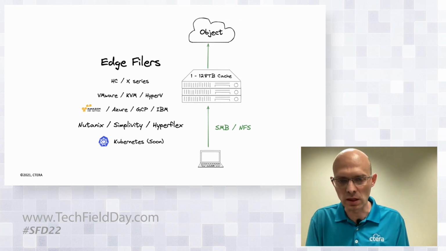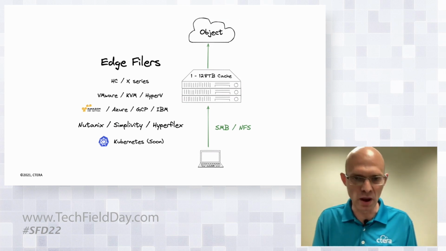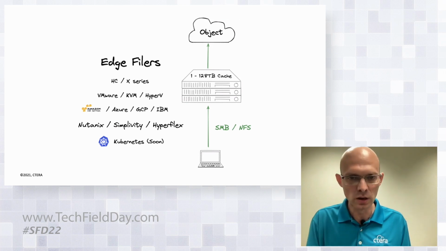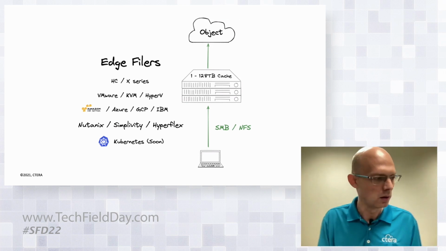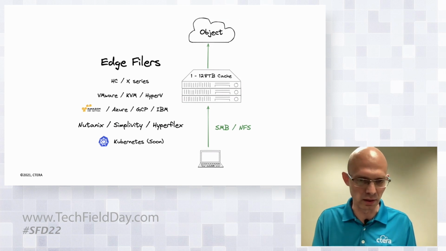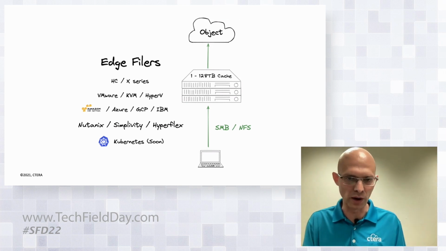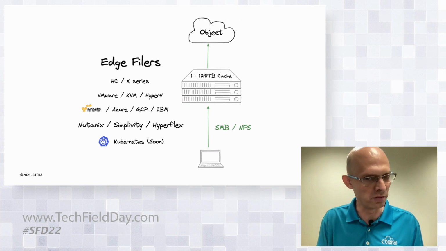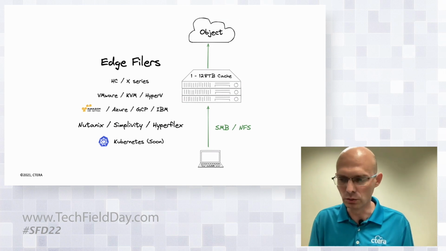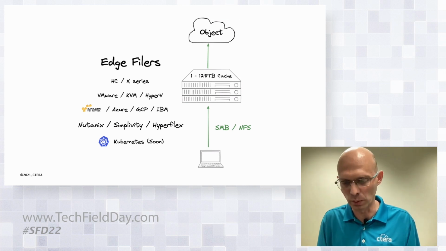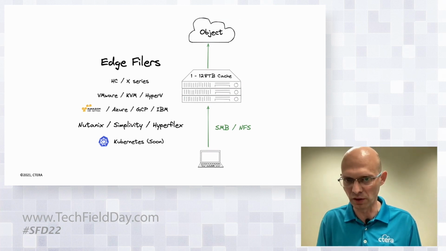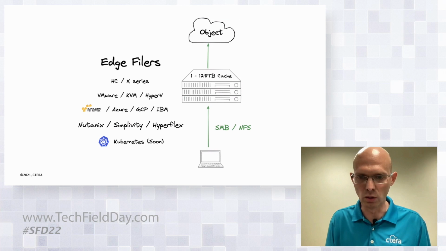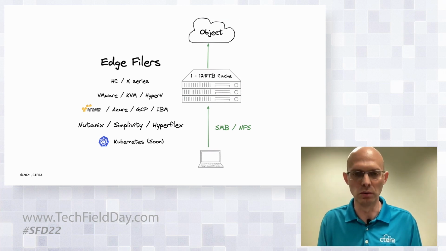And in addition, this is ideal for cases where you want to run heavier workloads at the edge. The X series has a lot of spare capacity. It has 256 gigabytes of RAM, so you can run pretty heavy workloads in addition to the file serving capabilities, and really consolidate all the infrastructure of a specific site into one little cluster or box.